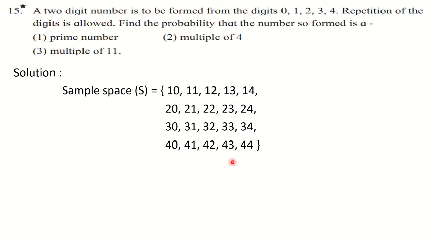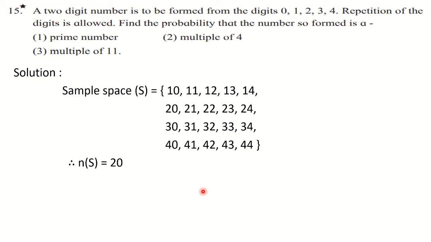So n of S is equal to 20. Now you understand why you have to write it like this, so that you can write the proper answer here. It looks good and helps you write the events in a better way. So we have written this sample space and the number of sample points.